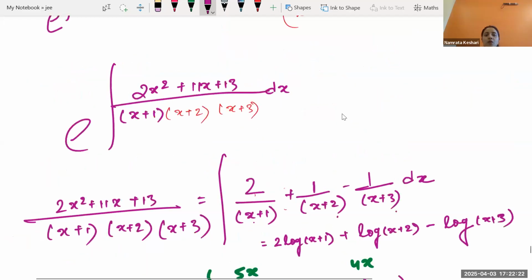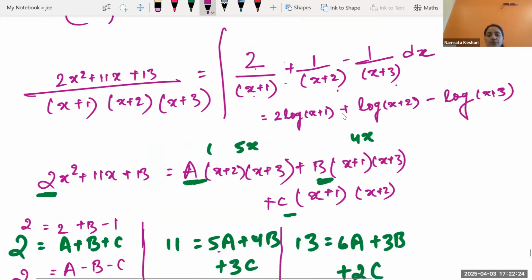So e to the power of all these logs. Now if we use the property of logarithm, let's take this 2 into the exponent. So m plus n can be written as m into n. So we can write it as (x + 1)² (x + 2) / (x + 3).